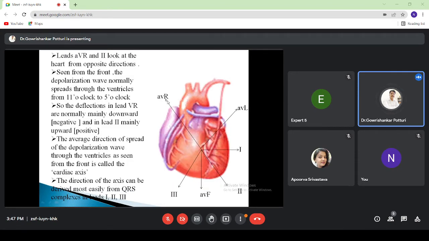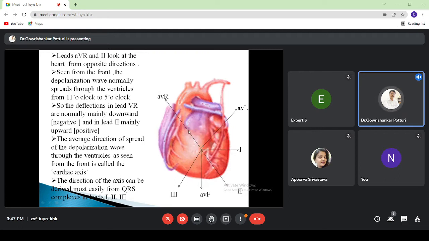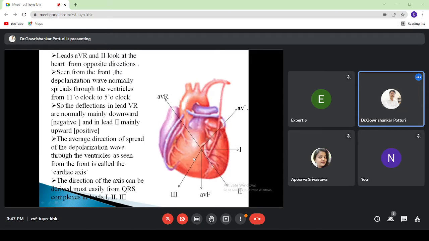Now see, suppose right ventricular hypertrophy is there. If the wave is traveling towards the right side, because the right side is more, it goes towards lead 3. So then what happens? Lead 3 and lead 1 will be in opposite directions.